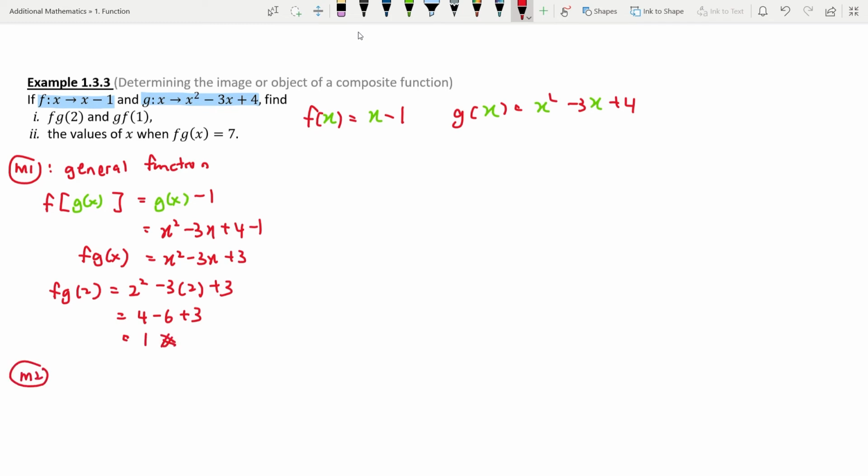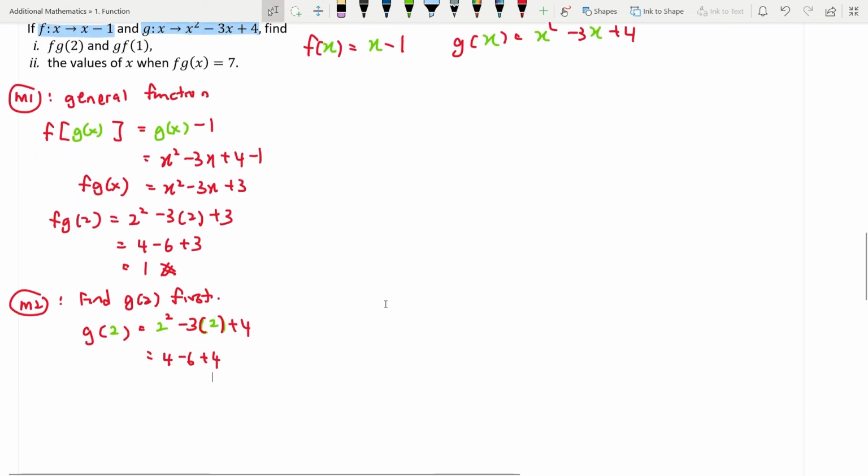The second method is to find the value of g(2) first. g of 2 is equal to 2 squared minus 3 times 2 plus 4. We get 4 minus 6 plus 4.